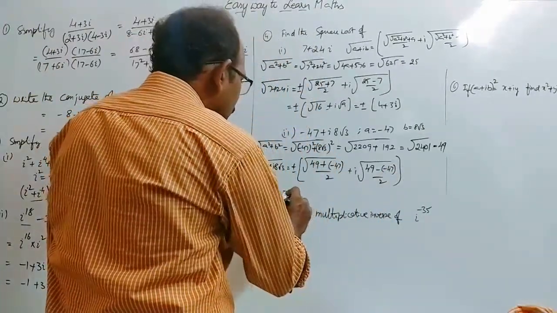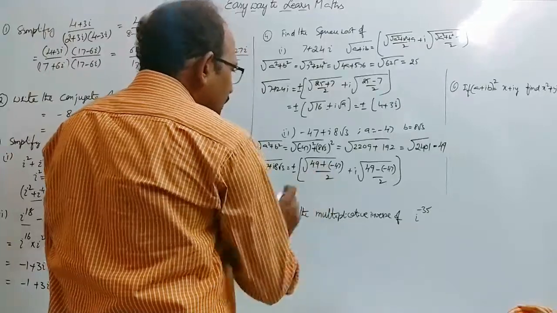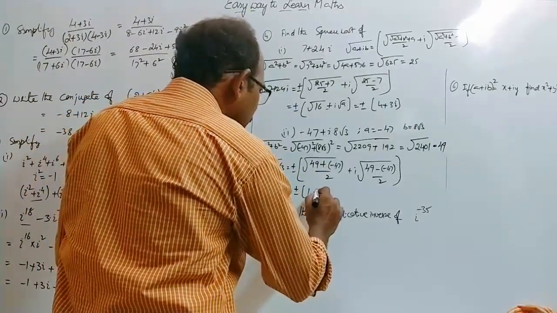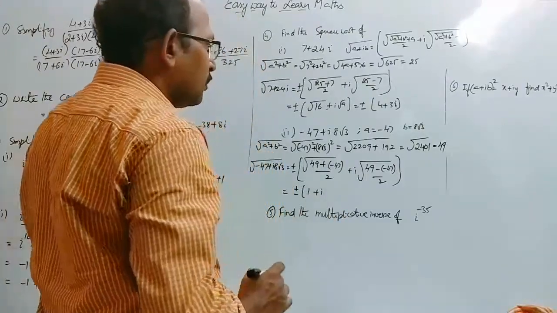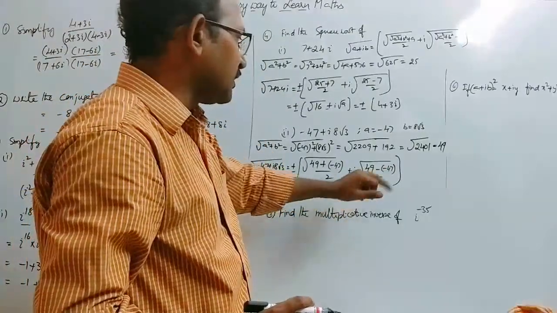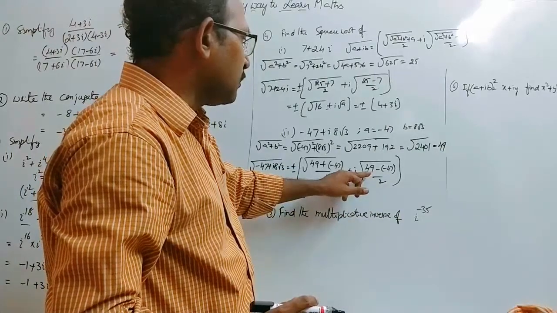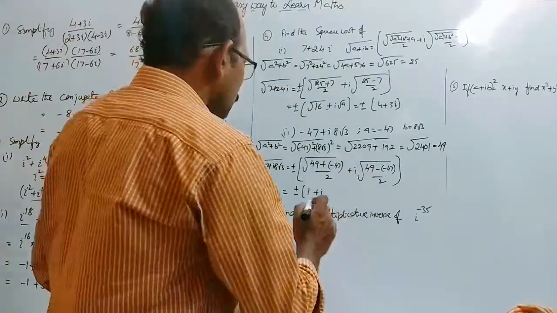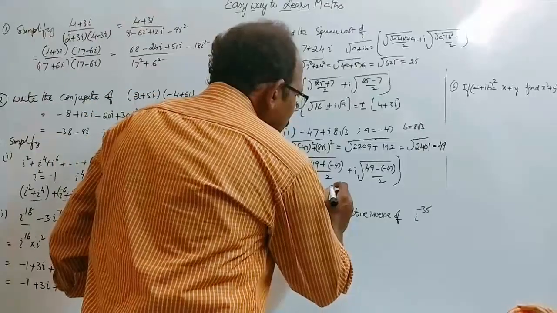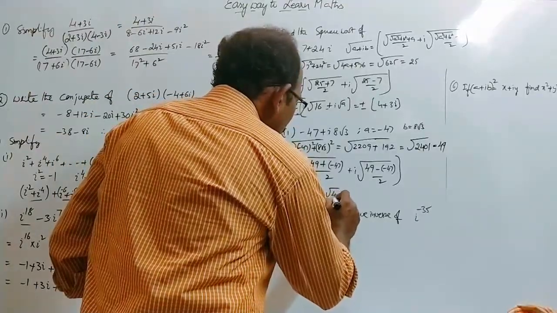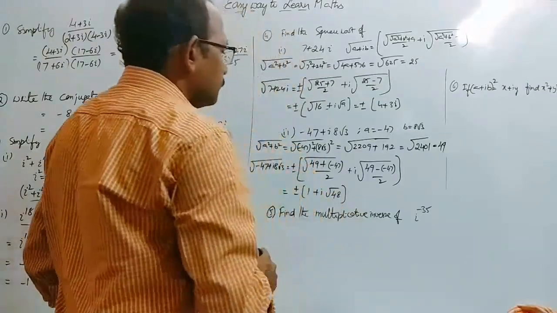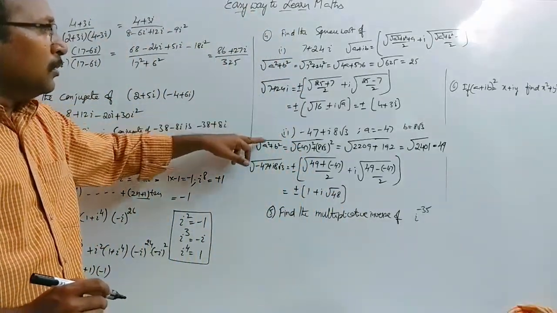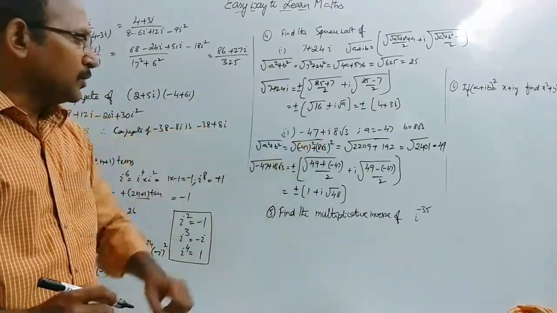Therefore that is equal to 49 minus 47 is 2, 2 by 2 is 1. Therefore plus or minus root 1 plus i into root of (here 49 plus 47, total becomes 96), 96 by 2 is equal to 48, root 48, which is the square root of minus 47 plus i 8 root 3.